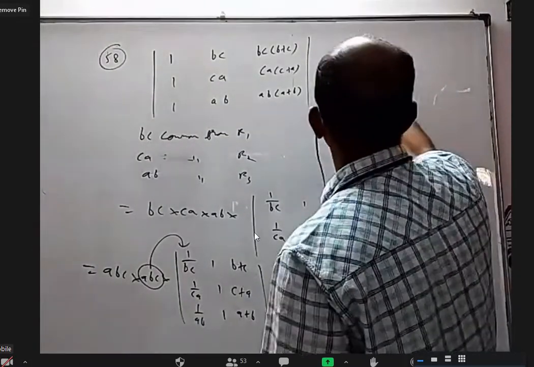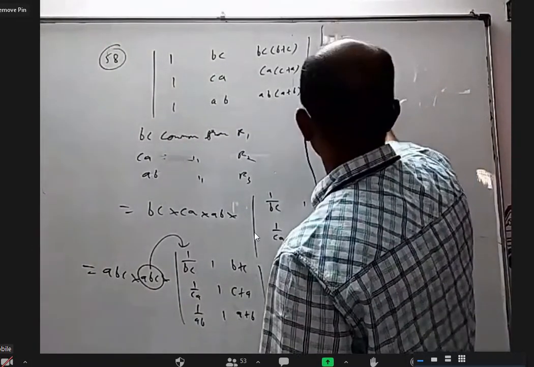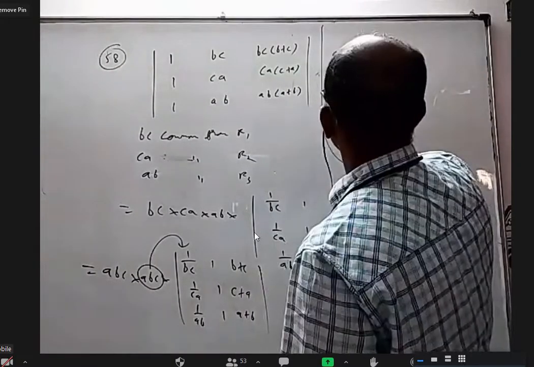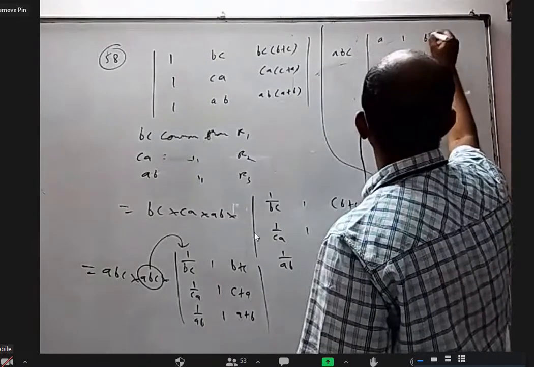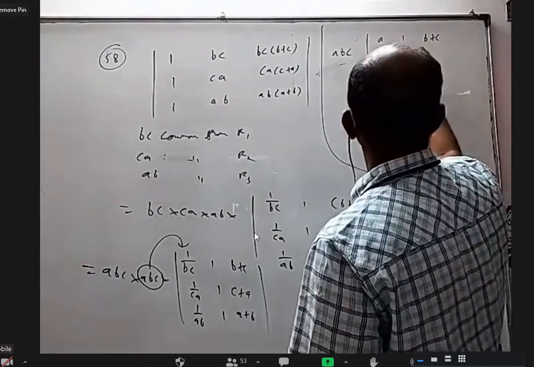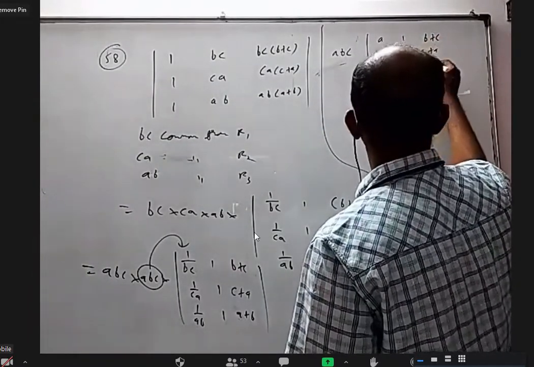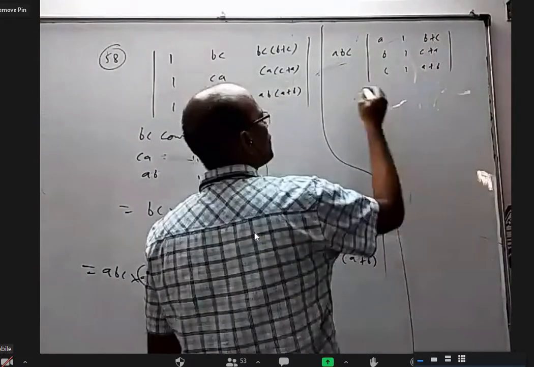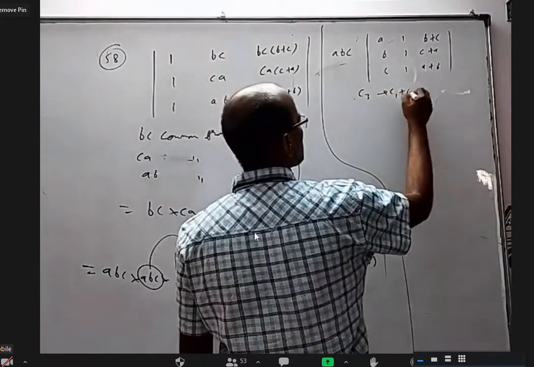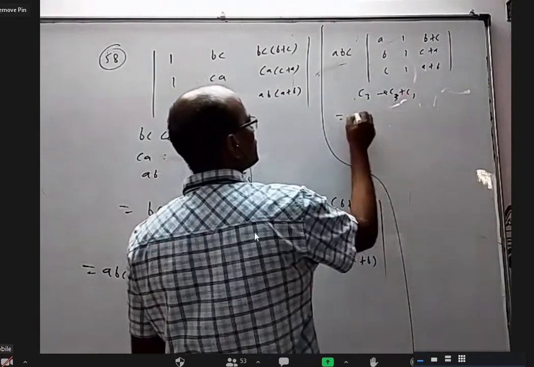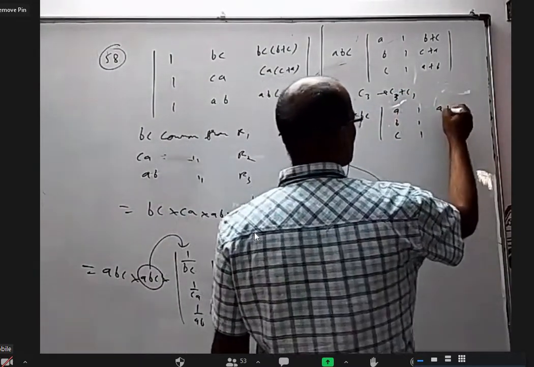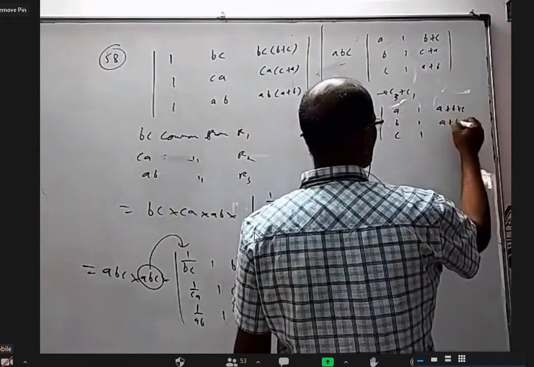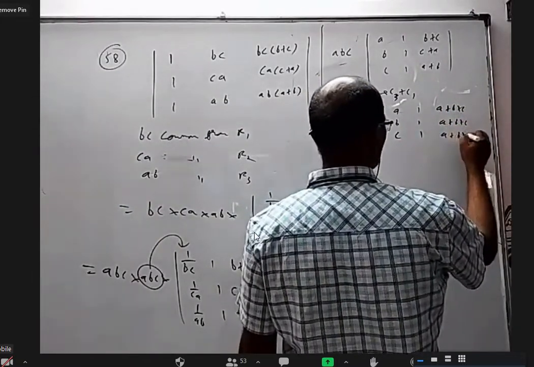We get A, 1, B plus C; B, 1, C plus A; C, 1, A plus B. Now column 3 becomes column 3 plus column 1, so we get ABC, 1, 1, 1, and here A plus B plus C in each row.